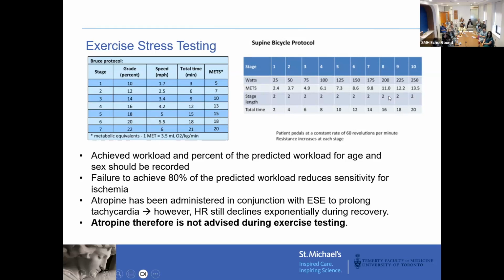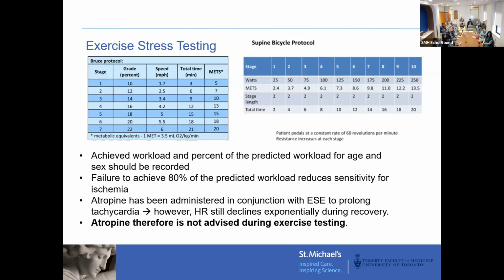And then the most common supine bicycle protocol, there are variations of this, but every couple of minutes, again, you have an increase in your resistance to the revolutions. And the patient is encouraged to pedal at about 60 revolutions per minute, so 1 per second. Obviously, they can go up and down depending on how fit they are, but that's the general recommendation. And if they follow 60, then you can follow this table and correlate METs with their ones.